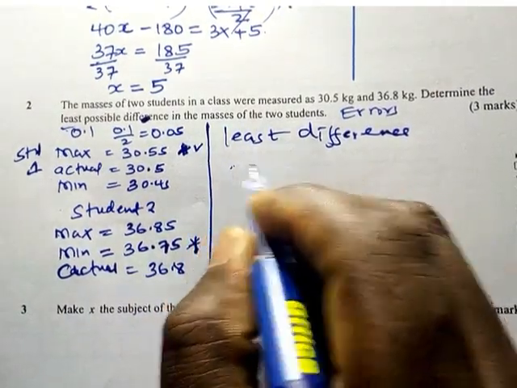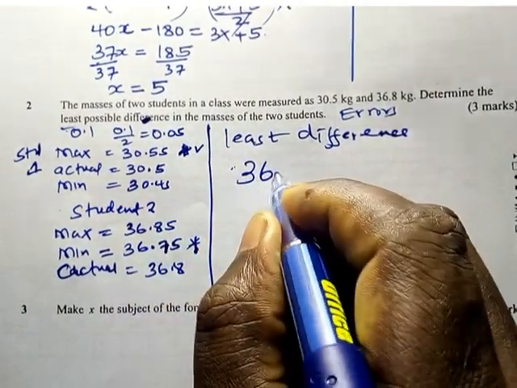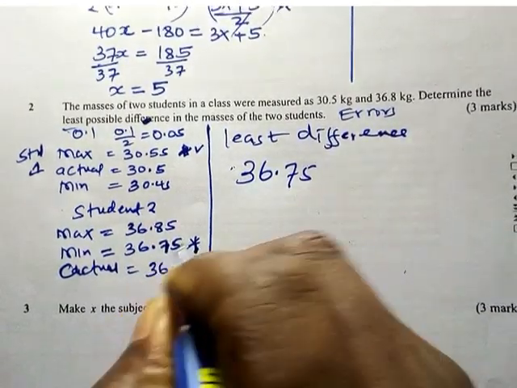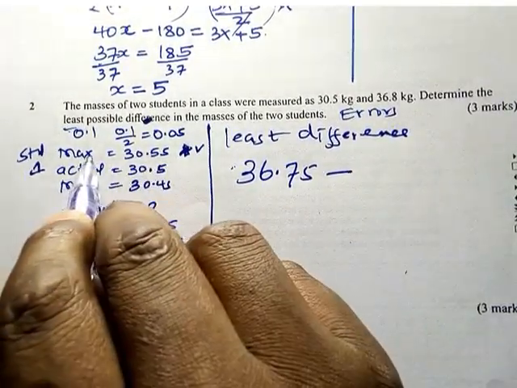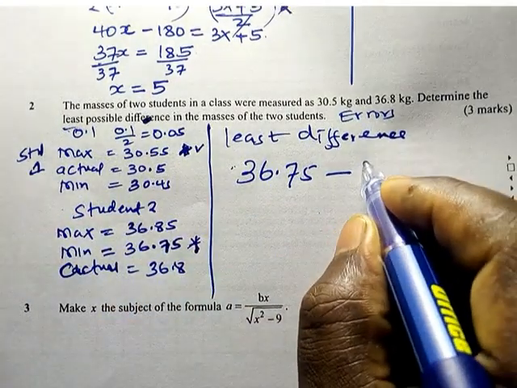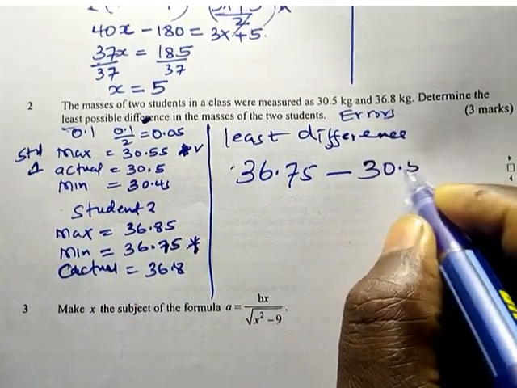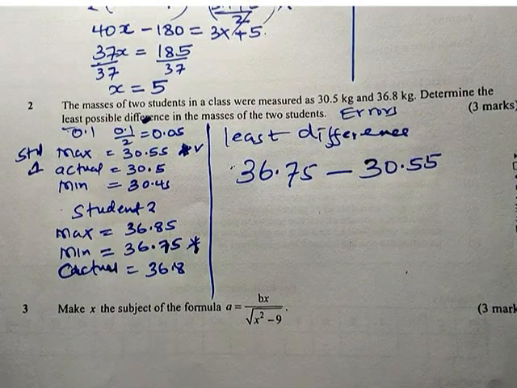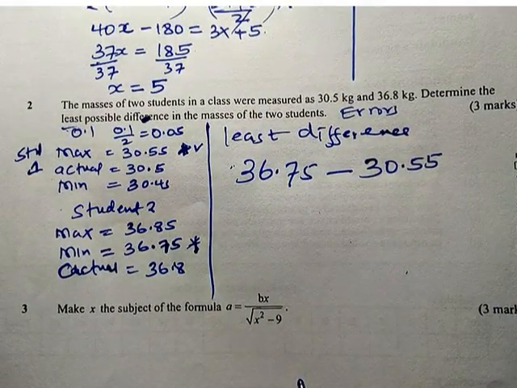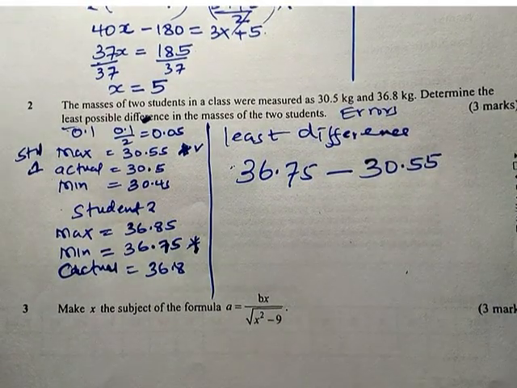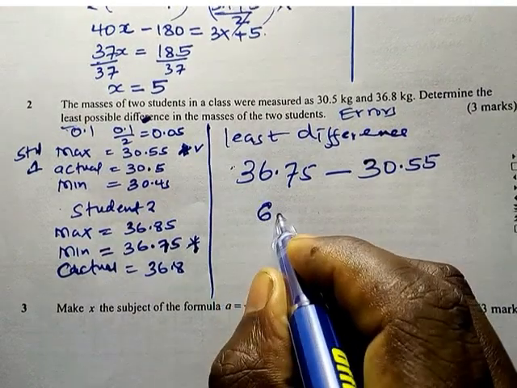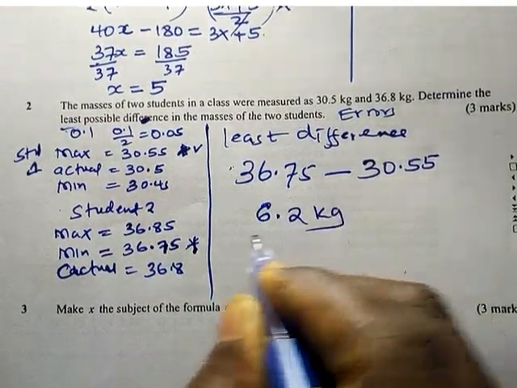So the least difference is going to be 36.75 minus the maximum of student 1, 30.55. That one will give us the least possible difference, and that one is 6.2 kilograms.